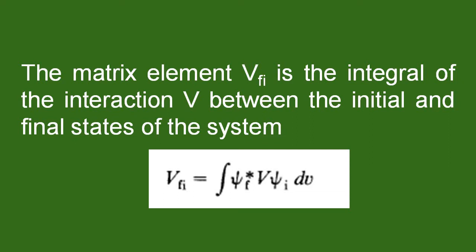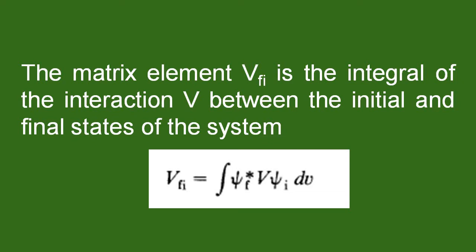This is the normal way you are taking it in quantum mechanics. Always you are taking the integral psi star psi. So final state psi f star, and V is the interaction acting on it.